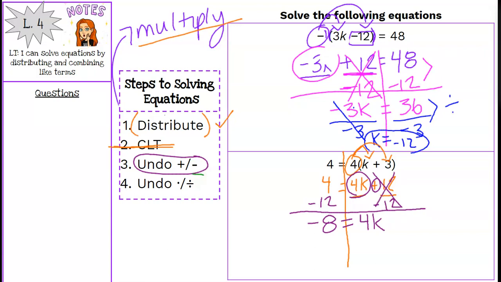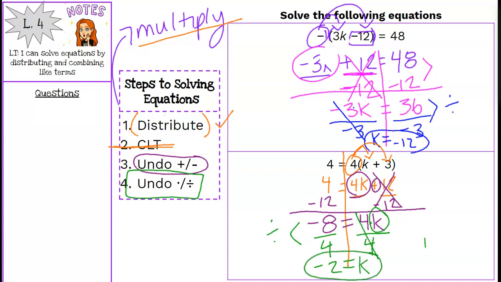Last step is to undo multiplication and division. 4 times k needs to be undone with division. So we're going to divide by 4 on both sides. Negative 8 divided by 4 is negative 2 equals 4 divided by 4 is 1. So it just leaves us with k. So negative 2 equals k, or k equals negative 2.